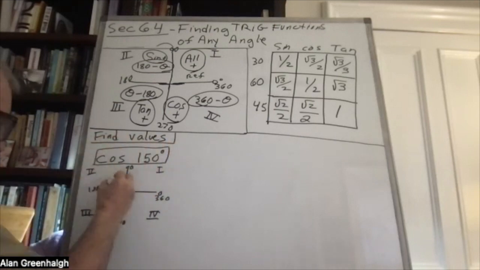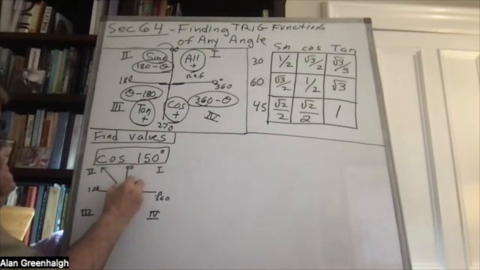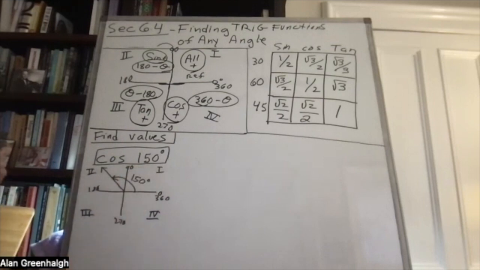So the first thing we do is draw it. That's a 150-degree angle. How do you change an angle in the second quadrant? Here it is. It's 180 minus the angle.